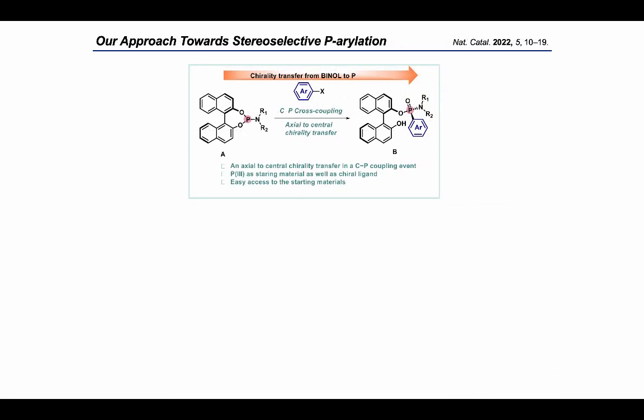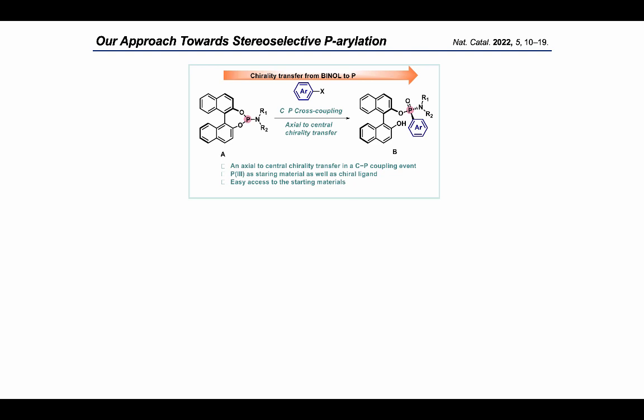Since phosphoamidites are mainly used as ligands in industry, we would like to have an idea to use them as starting reagent for asymmetric P-arylation. The conversion from A to B can be achieved in a single step through a metal catalyzed C-P cross-coupling reaction between a phosphoamidite and an aryl halide or a triflate to generate a homochiral P center.